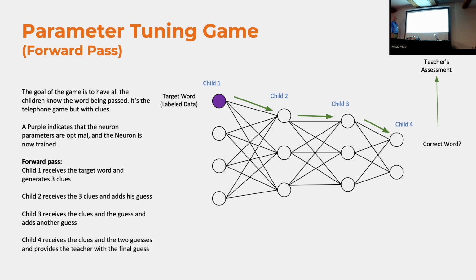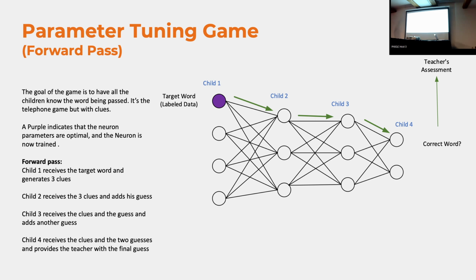Happens all the time. So in this game, the goal is to have all these neurons turn purple, right? Purple means that it's ready to go. It's got all its parameters, it's really dialed in. That one neuron is dialed in. We want to get all those neurons purple. This first layer knows the word, so that's dialed in.